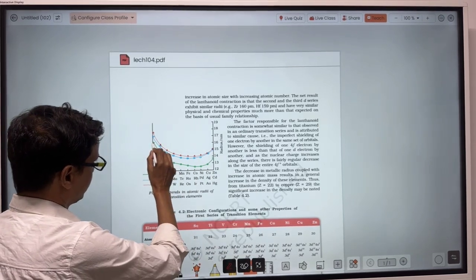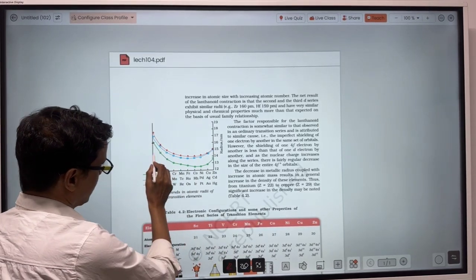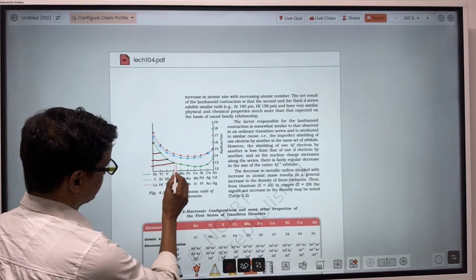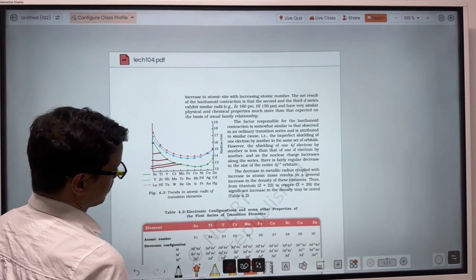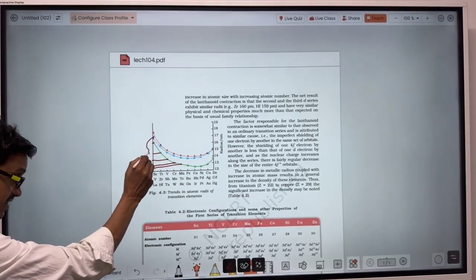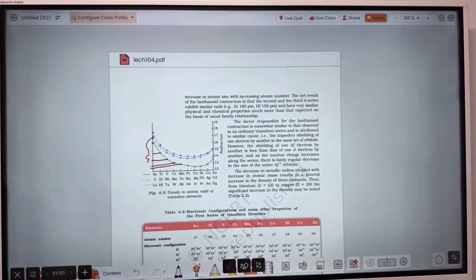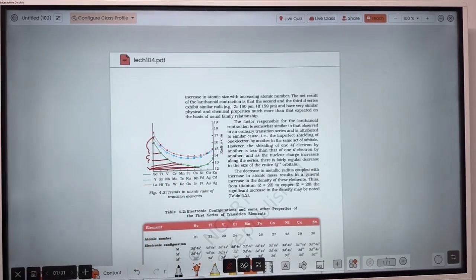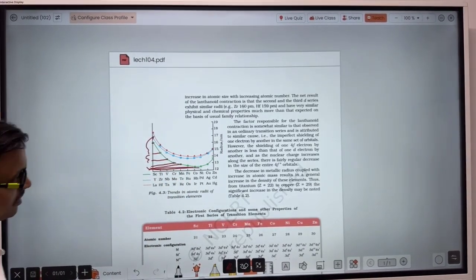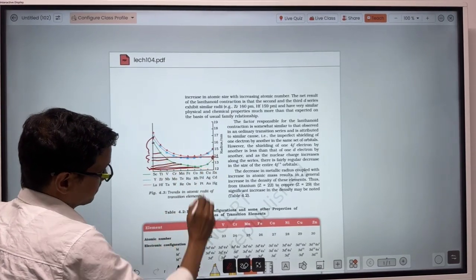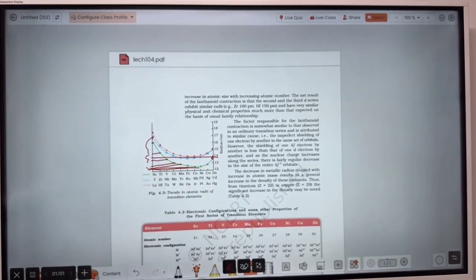Like the atomic radii of scandium is that much, titanium is that much, vanadium that much, chromium that much, manganese that much. Have you noticed that initially the difference in atomic size is more, and after that the difference in atomic size decreases, and the atomic size of the last elements again increases? Watch out here.